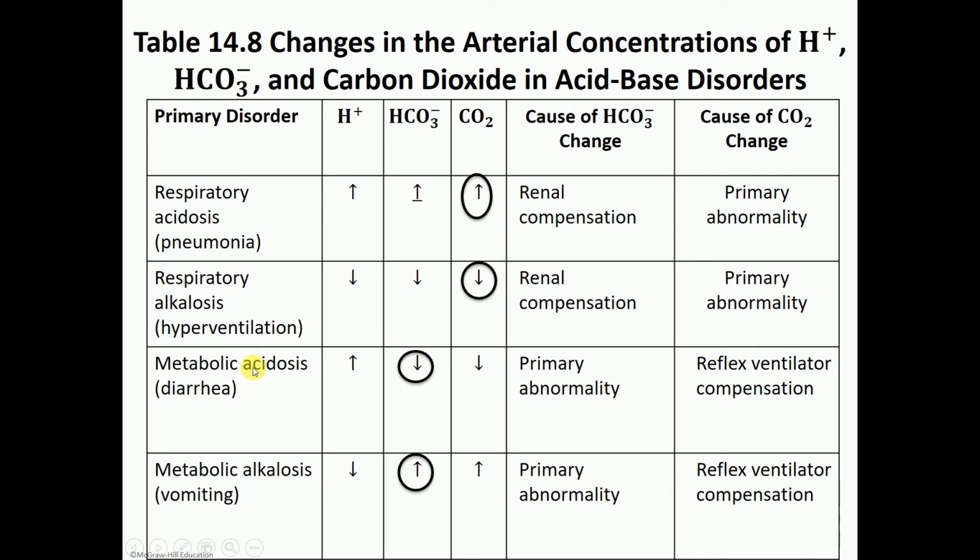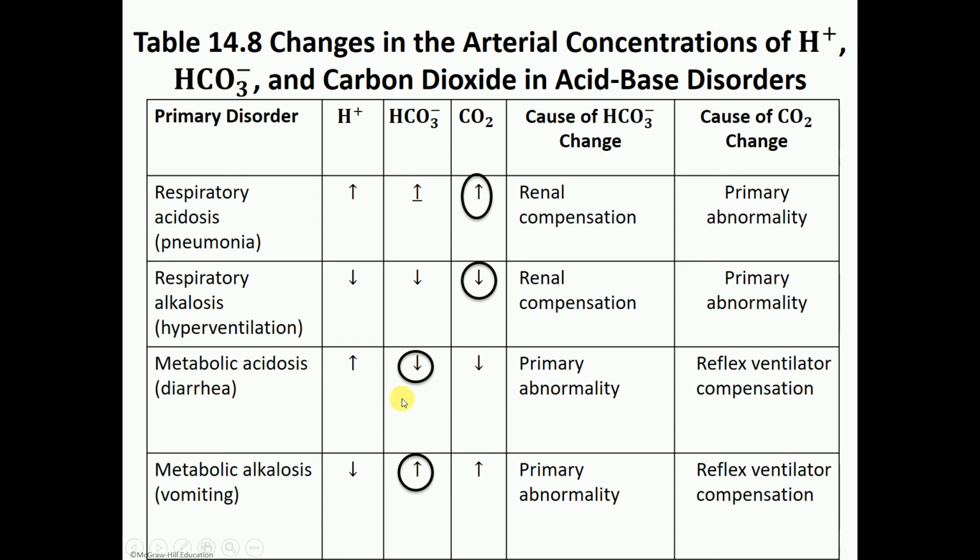Now, if acidosis or alkalosis happen due to non-respiratory causes, we are going to name those metabolic acidosis and metabolic alkalosis. So metabolic acidosis, for example, in the case of diarrhea. The intestinal contents are mainly alkaline. So in diarrhea, where we lose a lot of alkali or base, the acid is now relatively higher than the base.